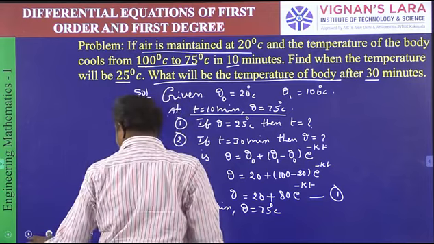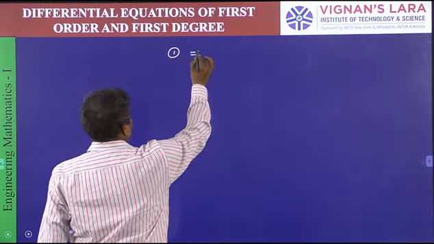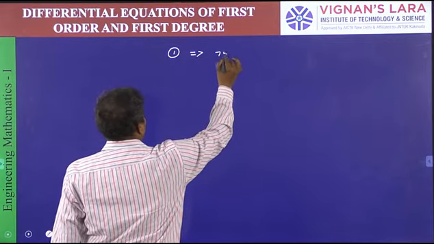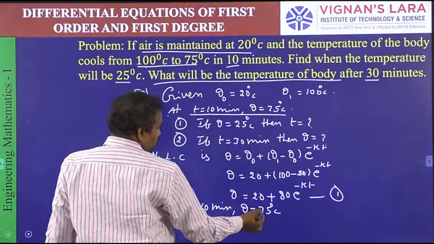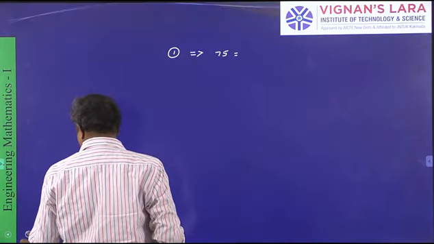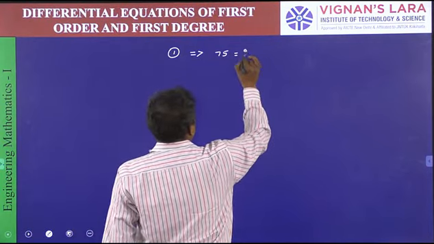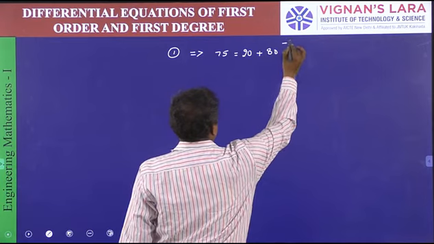So, 1 implies theta value 75 degrees is equal to 20 plus 80 into e power minus 10k.